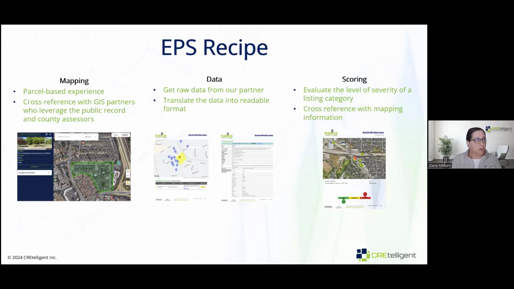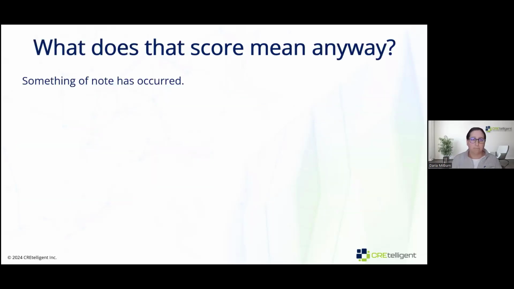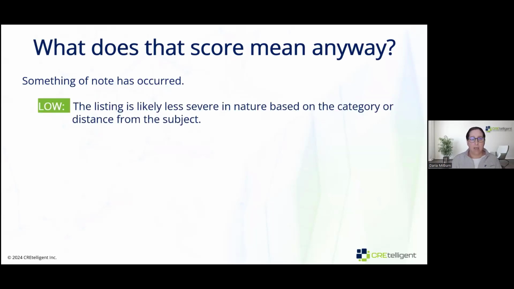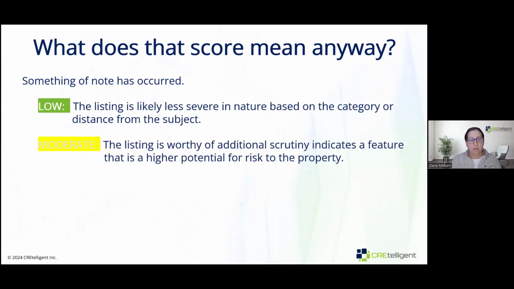So to explain our scores a little bit, a score means that something of note has occurred on a property. If you have a low score, it means that the listing itself is likely less severe in nature, based on the category or the distance from the subject property. A listing that's moderate, and I know that's yellow and horrible to read, my apologies, is worthy of additional scrutiny, and maybe indicates that a feature has a higher potential risk to the property.